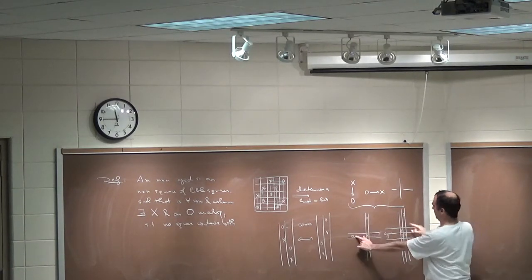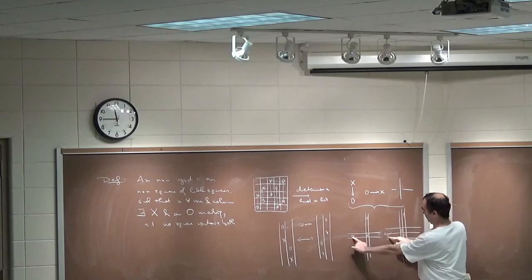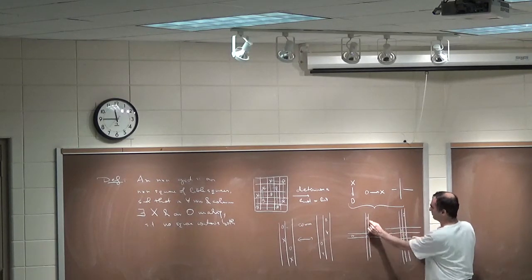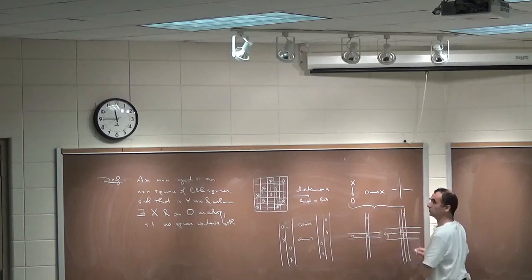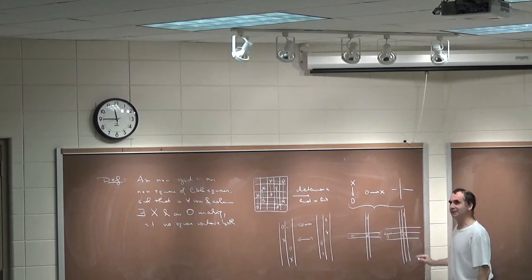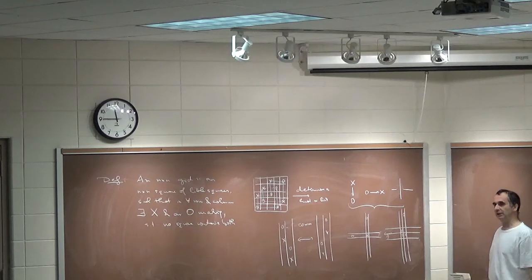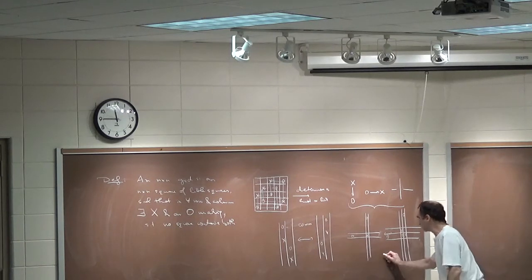So I keep the old one where it was before, but somehow I split this column and this row into two, and I have to finish this inside 2 by 2 little sub-grid in some way. There are 4 ways to do that.